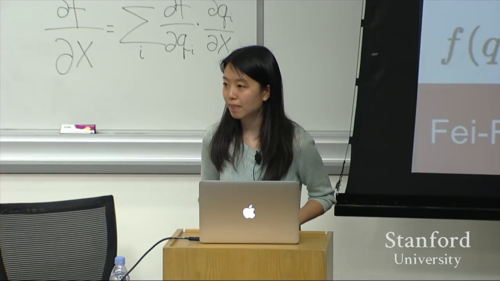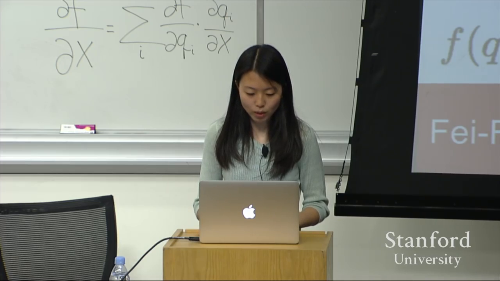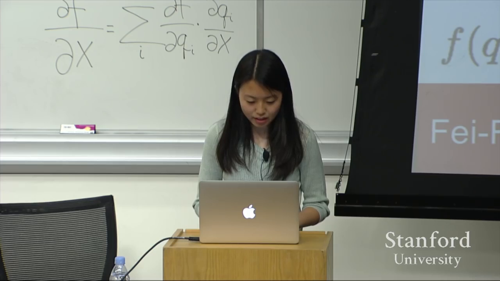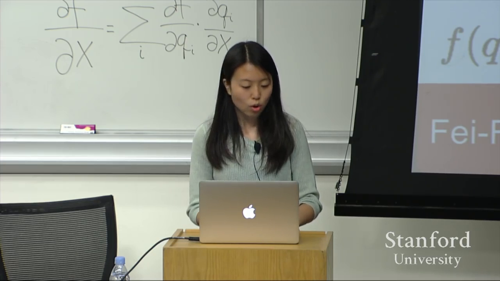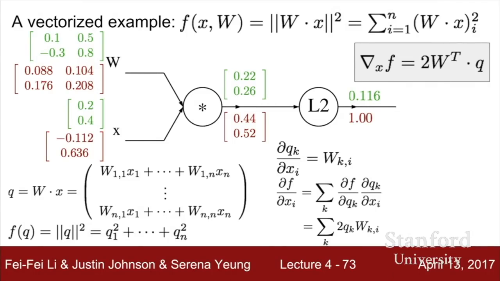So we are computing the Jacobian. Let me go back here. We have these partial derivatives of qk with respect to xi, and these form the entries of your Jacobian.